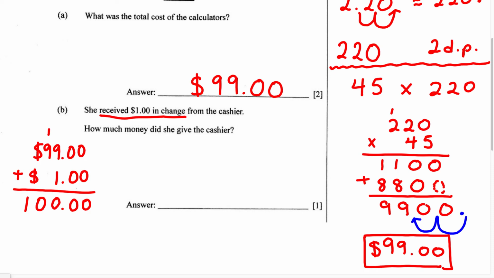And we're going to add the money symbol. And when we look at this, we see the total amount of money she gave the cashier was $100. In our answer space provided, we're just going to write $100. This is how much money she gave to the cashier.